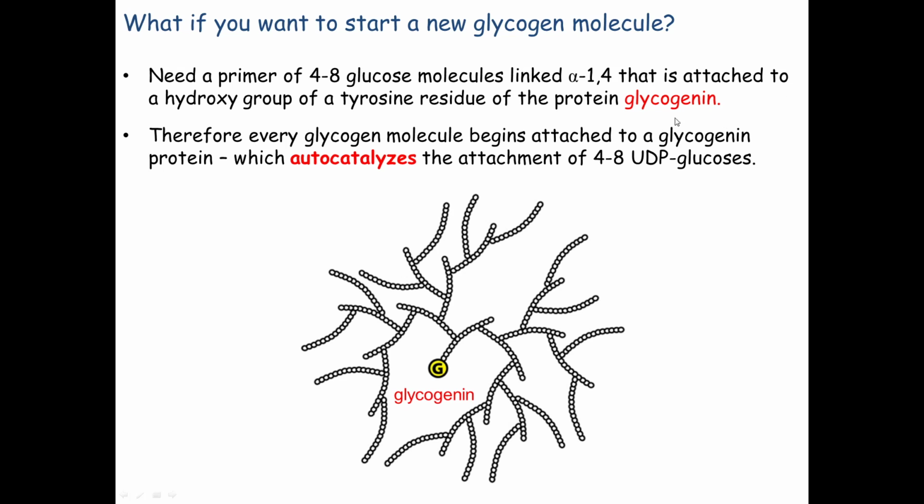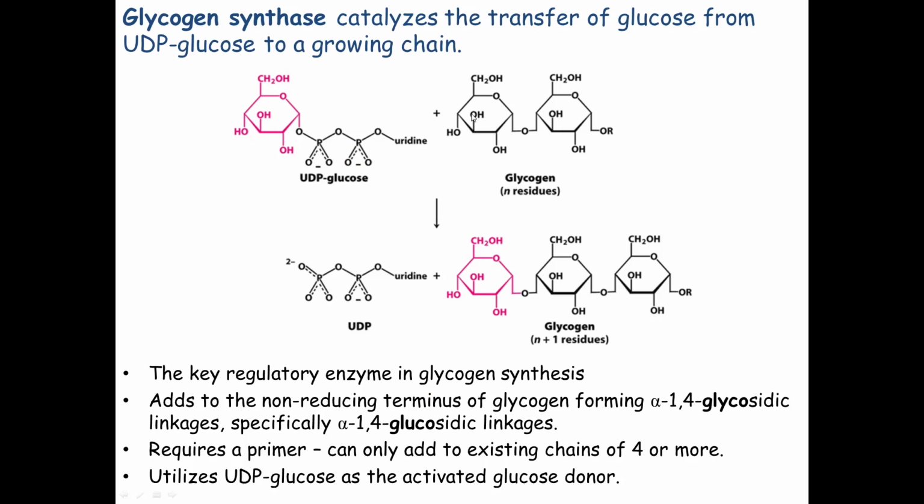But it's a protein, it's an enzyme, and it puts the first glucose molecules on itself. In fact, there's a tyrosine residue that gets the very first glucose. And the way it does that is if it replaces this glycogen molecule here with a big protein called glycogenin, and there's a tyrosine sticking out, which mimics this glucose.